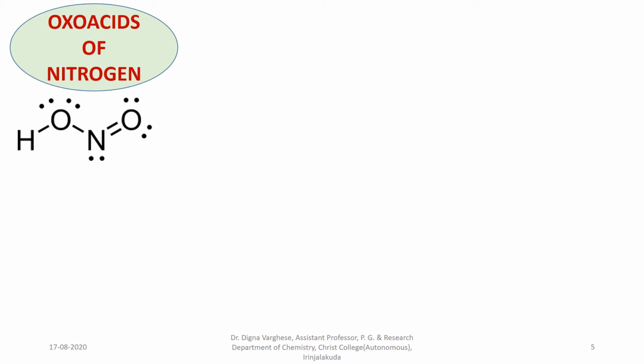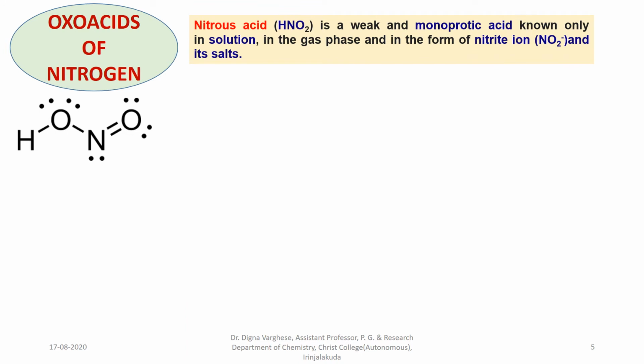Oxoacids of nitrogen. Here we are describing two oxoacids, that is nitrous acid and hyponitrous acid. Here the nitrous acid, its molecular formula is HNO2, and it is only known in solution and in the vapor phase.